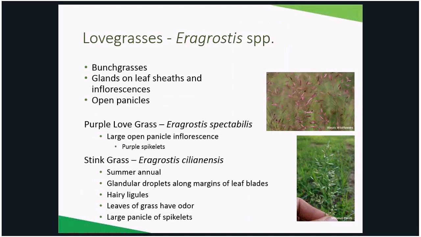Purple lovegrass, very easy to identify based on the color. You can see that very bright pinkish to purple color. And the inflorescences are panicles. Okay, so that open branching pattern, and in this grass they're very large.